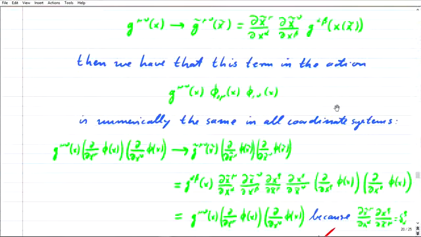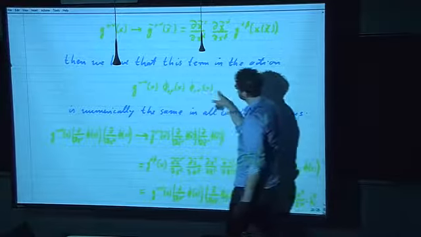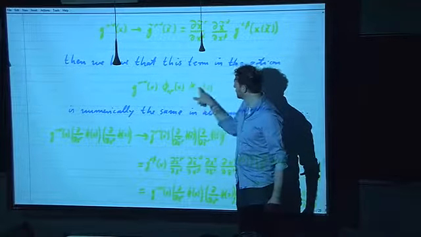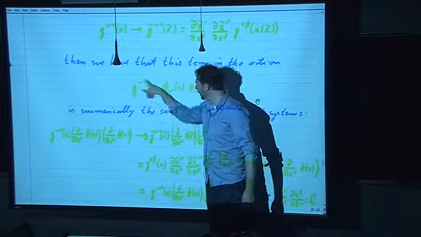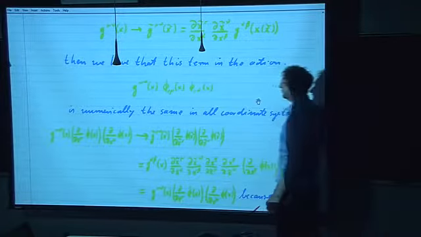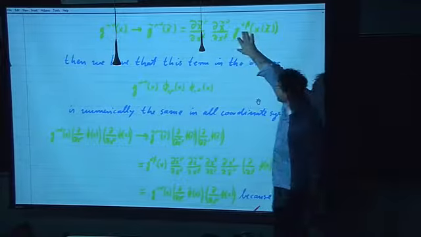So this is the term in the action, and we know how these transform necessarily under change of coordinates. The g mu nu we now also let transform under change of coordinates according to this rule.